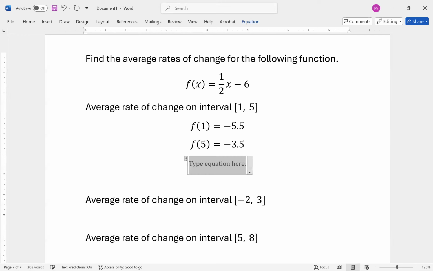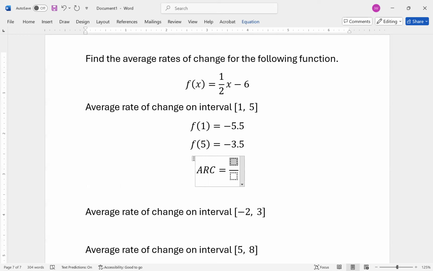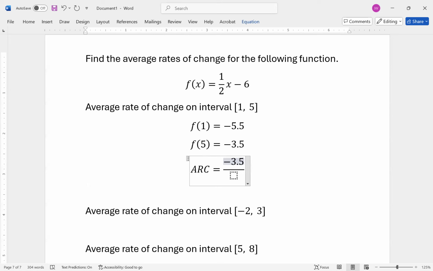-3.5. So if you calculate the average rate of change, the difference in y values is going to be -3.5 minus -5.5. And that's going to be divided by 5 minus 1, the change in the x values. I know I didn't write the points out, but we can infer what those points are.